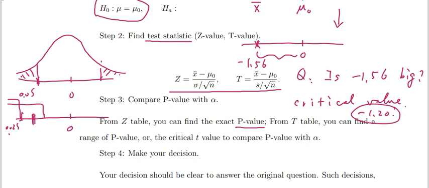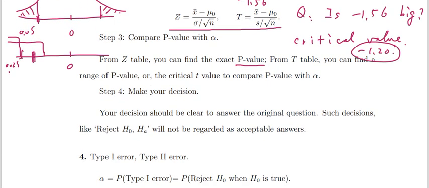So how can we find this critical value? We need to check a table, sometimes the z table, sometimes the t table. A critical value from the z table we call a z critical value. If the number is from the t table, we say this is a t critical value. How can we find it? It depends on alpha.